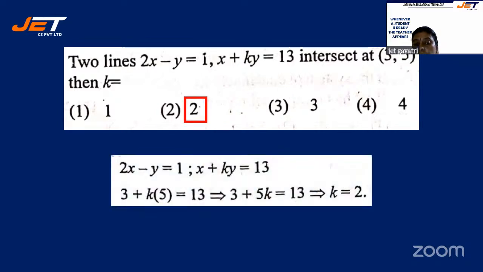How? 2x minus y is 1. x plus ky is 13. Right? So since they say that it intersects at 3, 5, we will take x as 3, y as 5.